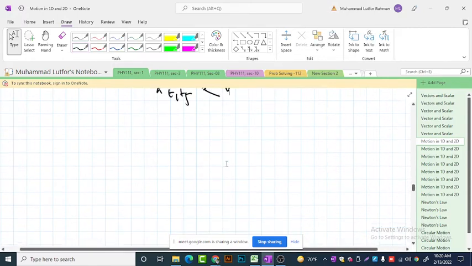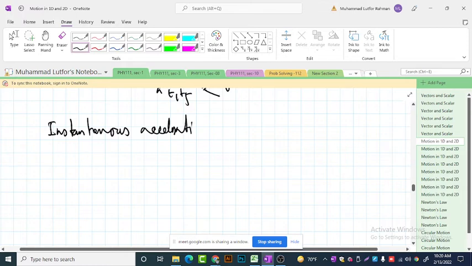And what about the instantaneous acceleration? Instantaneous acceleration, in the same way we will define at any particular time.